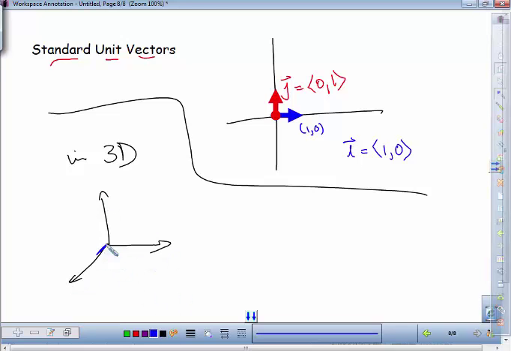then you're going to have 3 standard unit vectors.